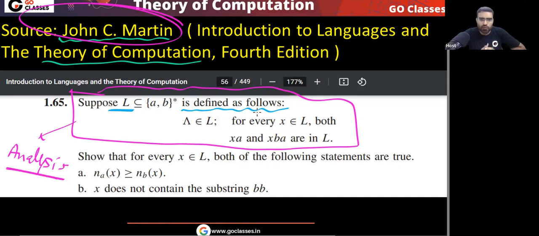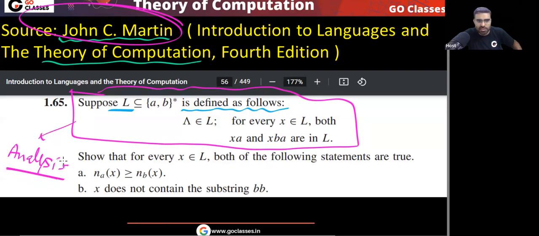Tell me one thing. For this question, do you need to know some concept of theory of computation? Some concept of discrete mathematics? Some concept of operating system? Some concept of C language? No. This type of question is analysis based.